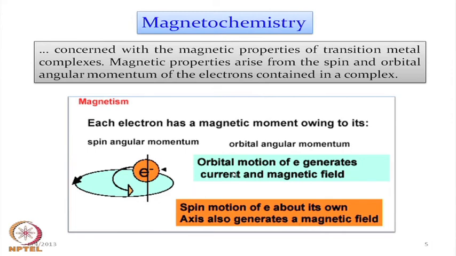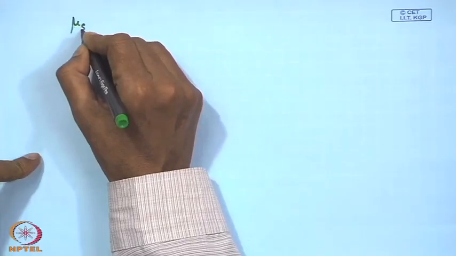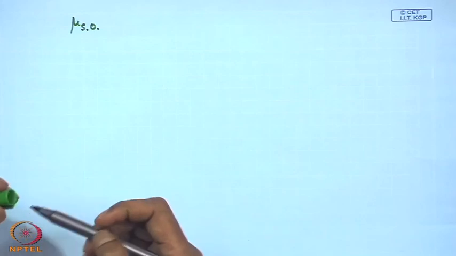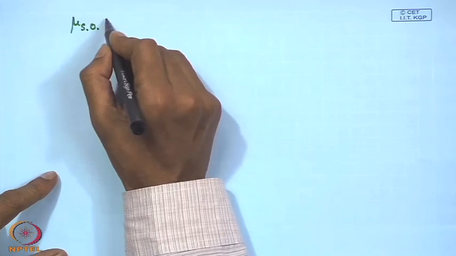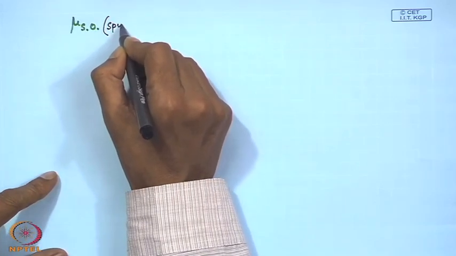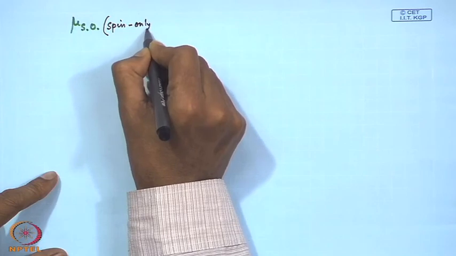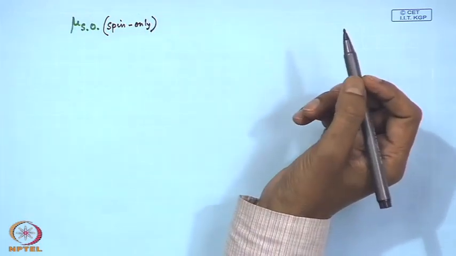In the first transition series, where the orbital contribution is not very much, we will talk about the magnetic moment values in terms of spin only values. That is why the spinning motion of the electron around its own axis is important for developing the corresponding magnetic moment.